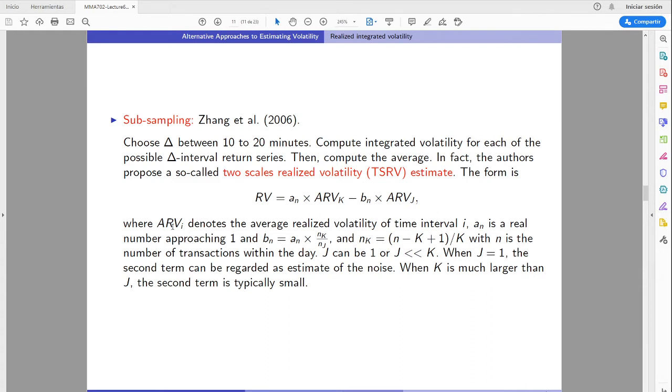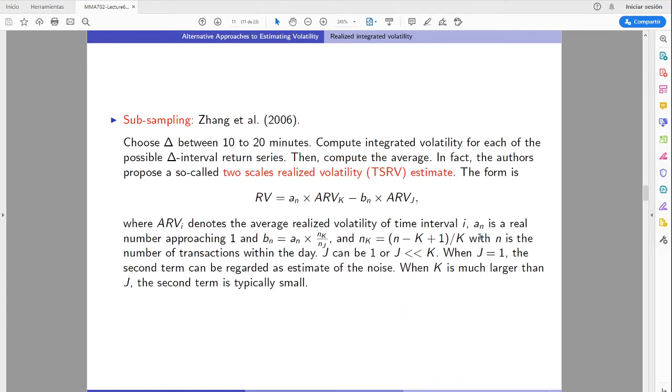Here, ARV sub I denotes the average realized volatility of time interval I. A sub n is a real number that tends to 1, and B sub n is A sub n times this exponent, which is basically n minus k minus 1 divided by k, and all of that divided by n minus j minus 1 divided by j.